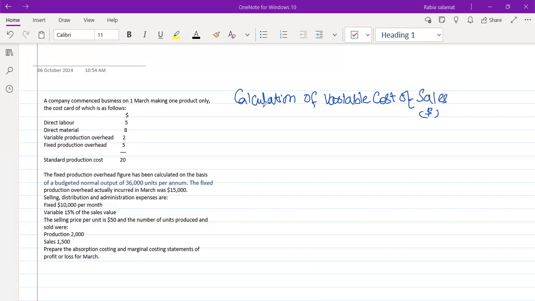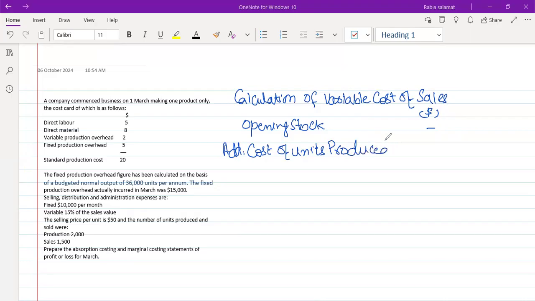We have no opening stock and cost of units produced. How many units did we produce?